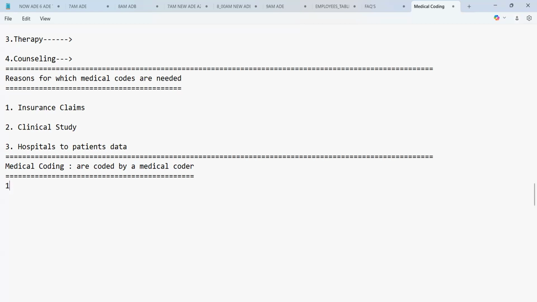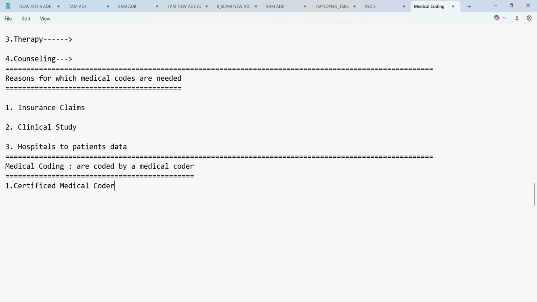As we know, we have two types of medical coders. One is the certified medical coder. Across the globe, only certified medical coders are recognized, guys.